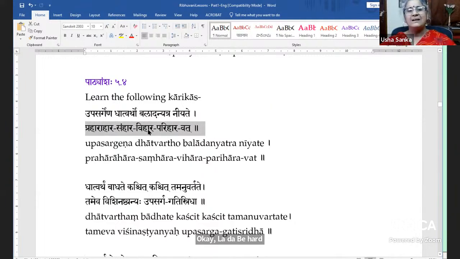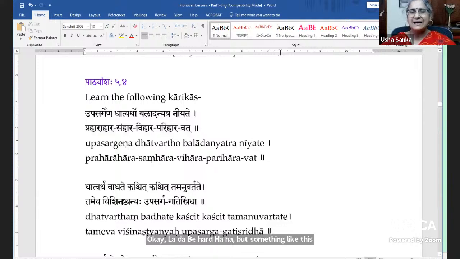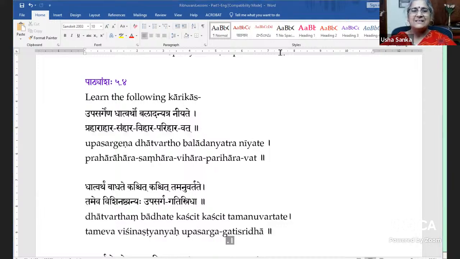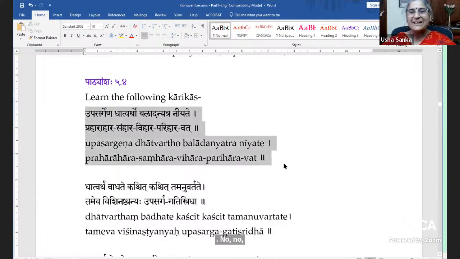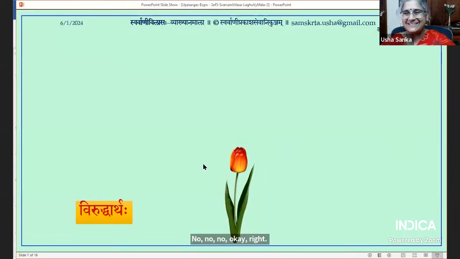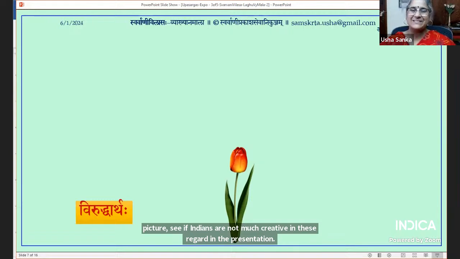Somebody says vihara, somebody says nihara and all. Okay, right. So this shloka I am trying to explain in a picture. See, we Indians are not much creative in these regards, in the presentation regard. But whatever we do, we do it with love. I hope you receive it.